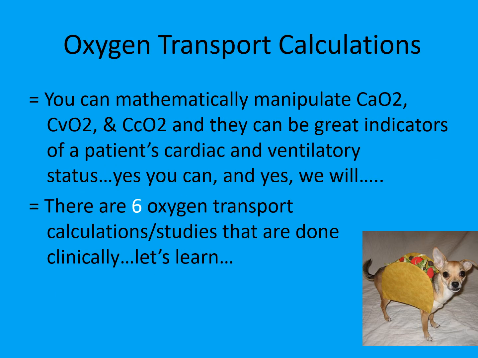Right? So mathematically, we can manipulate CaO2, CvO2, and CcO2. We have already talked about these three. So these are great. But there are 6 transport calculations that we can then look at and see, hey, is there more problems going on? And it can actually help us focus onto a specific area to help our patient out.